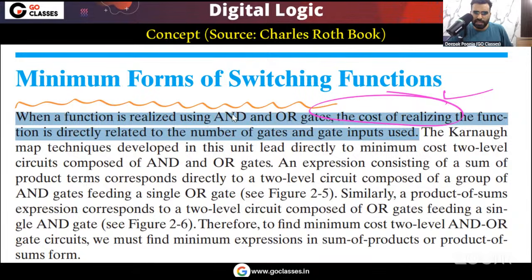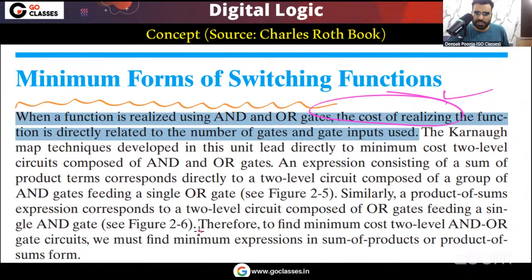Very simple point. When a function is realized using AND-OR gates, remember the cost of realization is the summation of the number of logic gates plus the number of gate inputs.